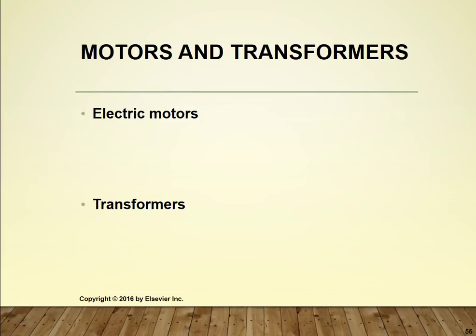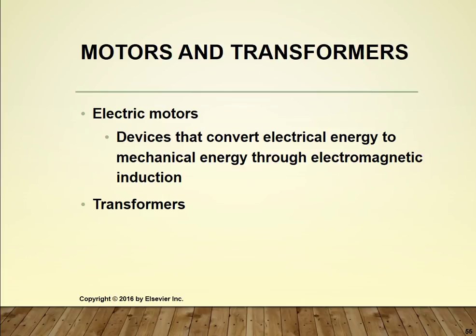Now, motors and transformers. An electric motor is a device that converts electrical energy back to mechanical energy through electromagnetic induction. In a simple motor, an armature is placed in an external magnetic field and is supplied with alternating current. Every flow of that current has an associated magnetic field.